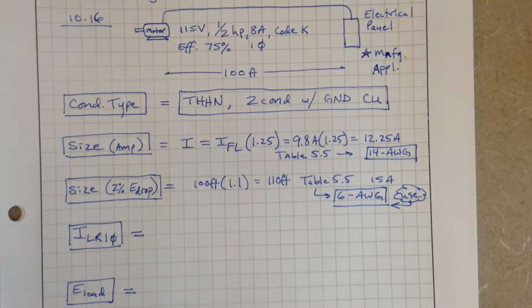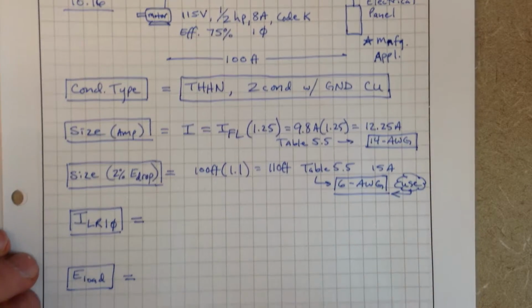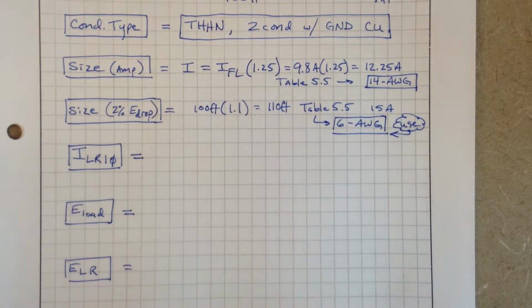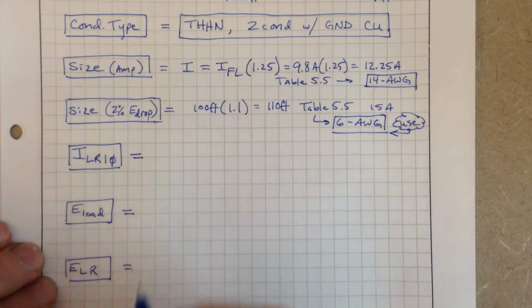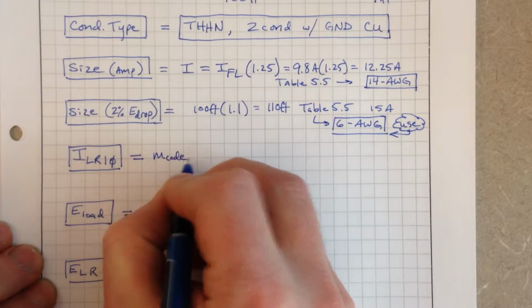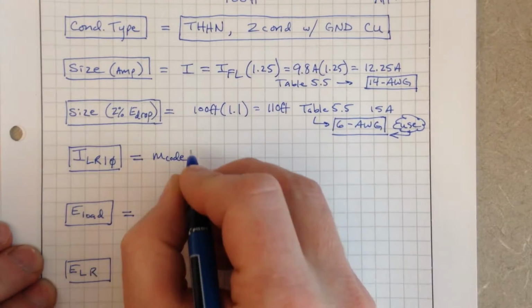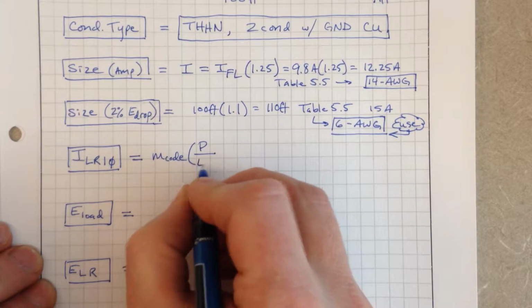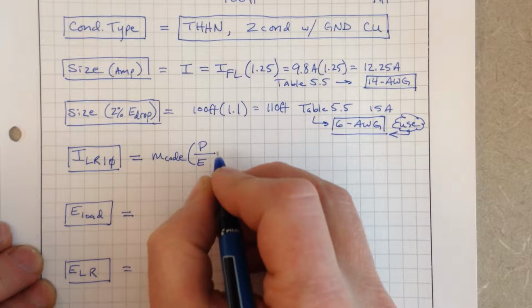Now what are we going to do for our locked rotor current? Now we're looking at the maximum current that we could see on this motor if it locks up. Looking at our locked rotor current for a single phase, we have our M code times P, the power, divided by voltage.